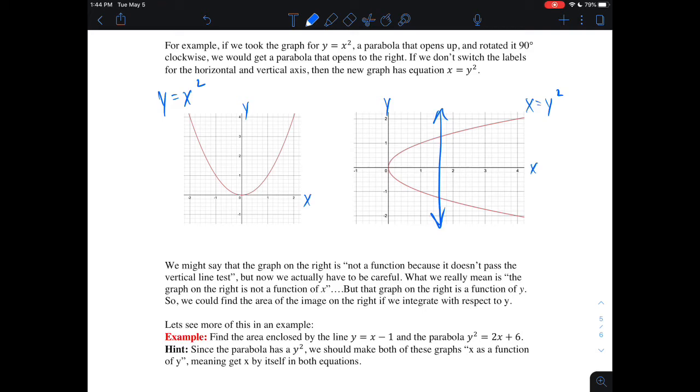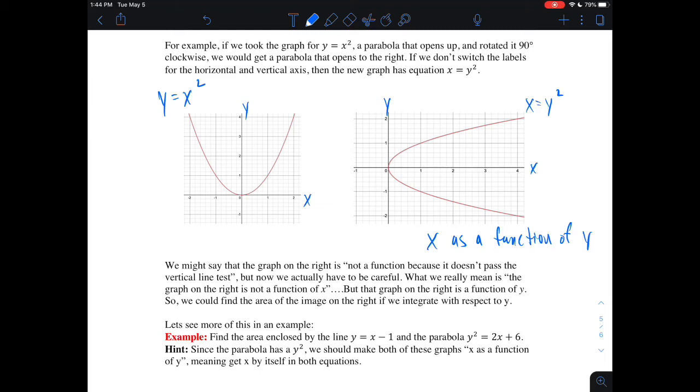What we really mean by saying that is it is not a function of x, but the graph that is on the right actually is a function of y. So this graph on the right is x as a function of y. What we've done is switch the role of who is the independent and who is the dependent variable by doing this.